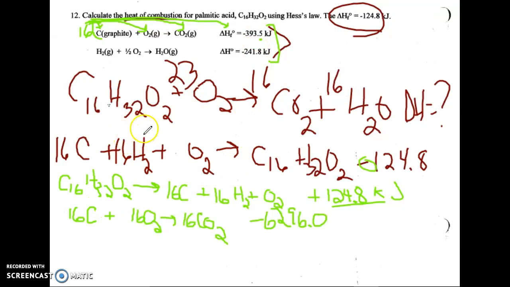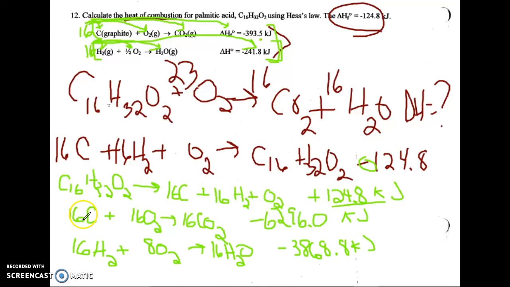The other thing we're looking at is we have 16 hydrogens, so I need to balance those 16 hydrogens. I'm also going to multiply this equation times 16 and distribute that through the entire equation. So 16 hydrogens, 8 oxygens, 16 hydrogens, and then 16 times the minus 241.8 kilojoules.